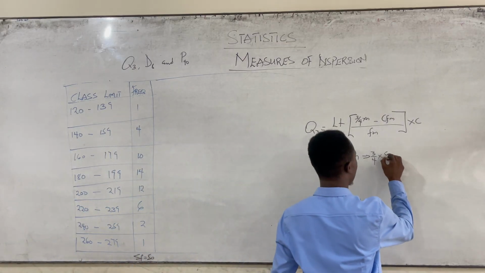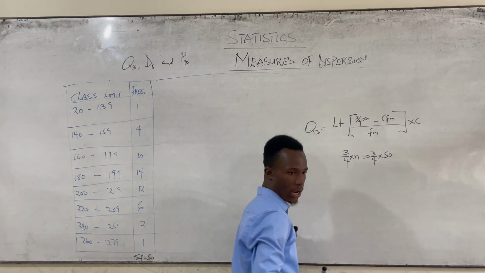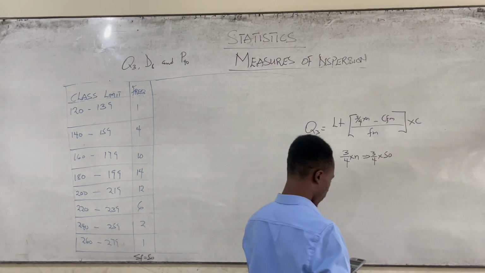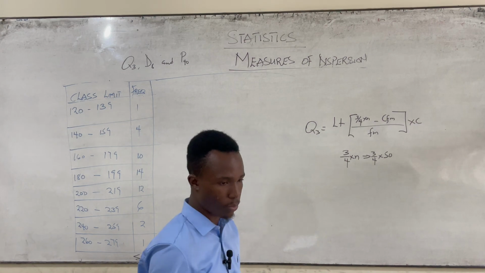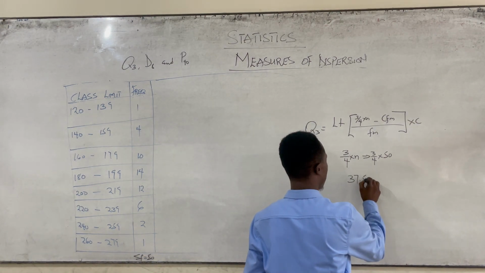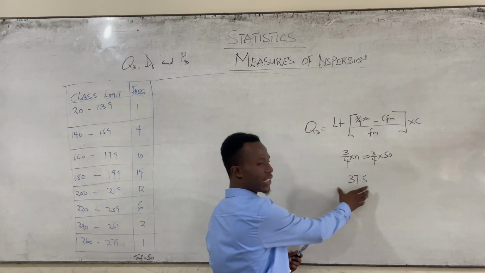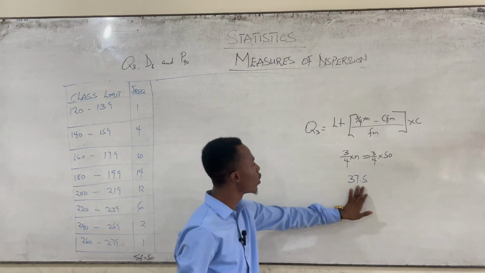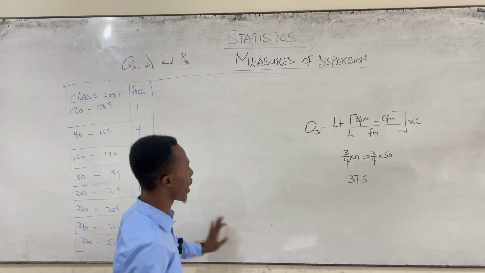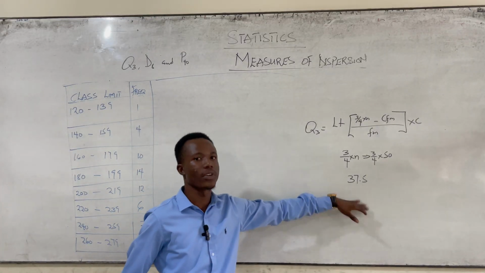So we can say 3/4 times 50. Now 3/4 times 50 is giving us 37.5, right? So now this 37.5 is what we are going to look out for. After getting our cumulative frequency, we look at where this 37.5 is.